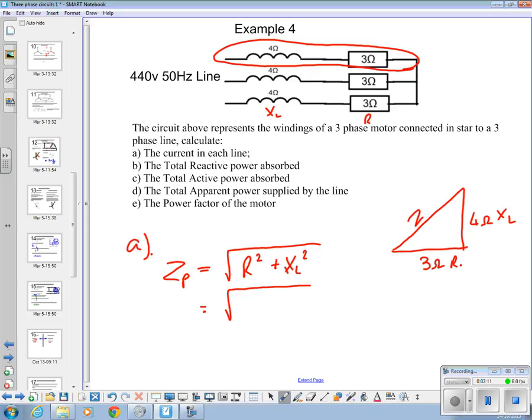That's root of 3 squared plus 4 squared, and everybody ought to know the answer to that. 5 ohms. Very carefully picked by me, wasn't it?